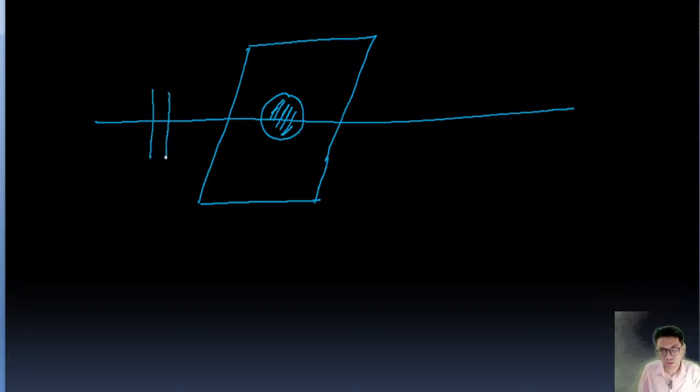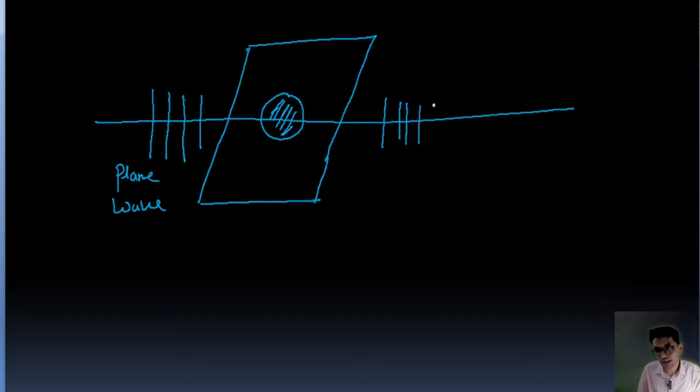So the beam of particles you can consider as a plane wave, and this is also a plane wave, which is the unscattered plane wave.